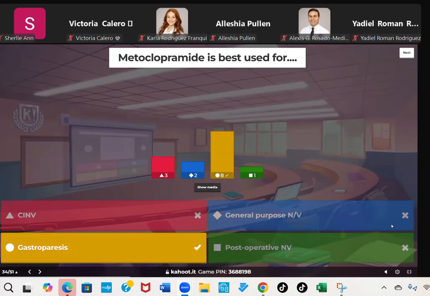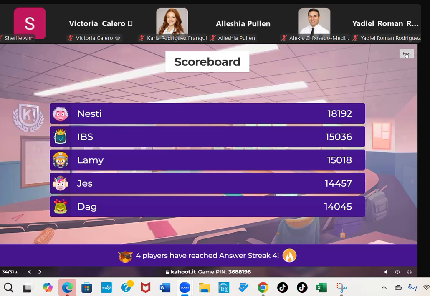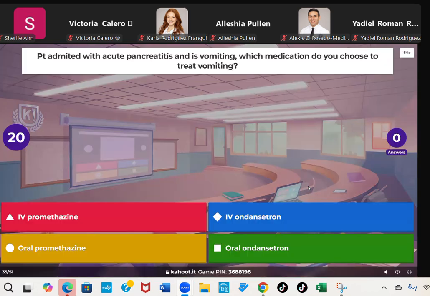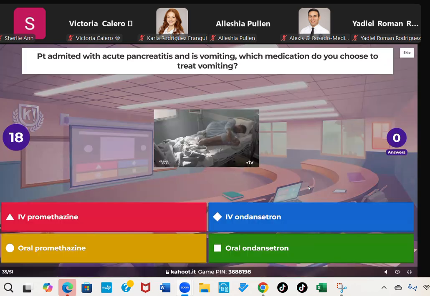So metoclopramide is best for gastroparesis. Patients with uncontrolled diabetes have a tendency to have higher risk of gastroparesis. Patient admitted with acute pancreatitis is vomiting. Which medication do you use to treat vomiting? IV promethazine, IV ondansetron, oral promethazine, oral ondansetron.